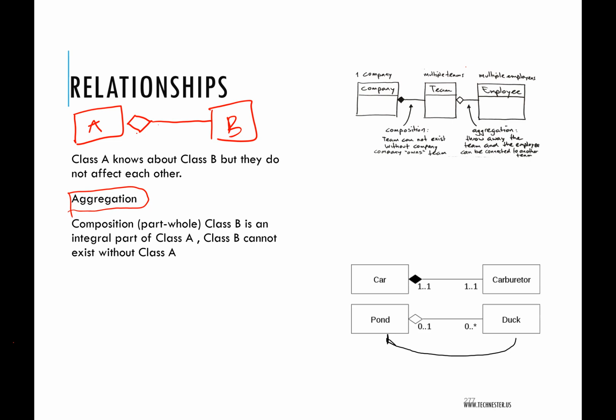What it means is class A knows about class B, but they do not affect each other, which means class B can exist without class A. Class B can do whatever it wants without class A. Now, that's aggregation.